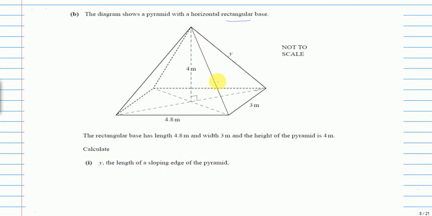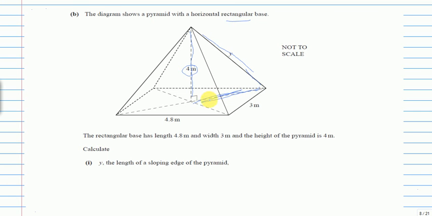Okay, so first of all we need to find this one, and this is a right angle triangle, easily spotted, isn't it? To find one of the sides, we should know at least 2 of the sides, but we know just one. So if we know this side, we can then calculate this y.